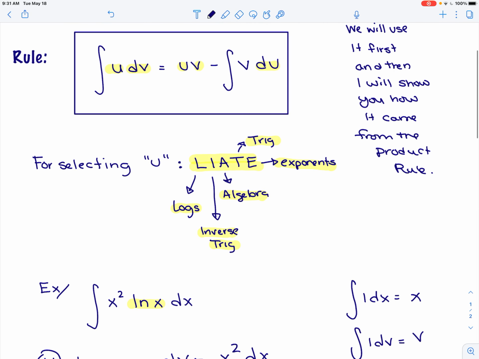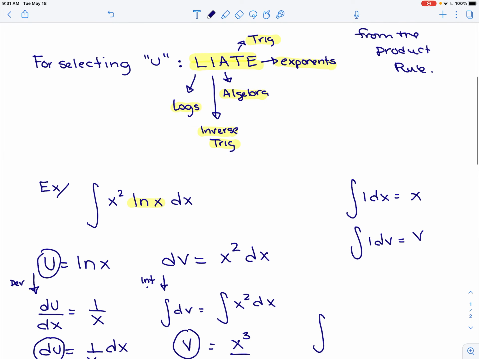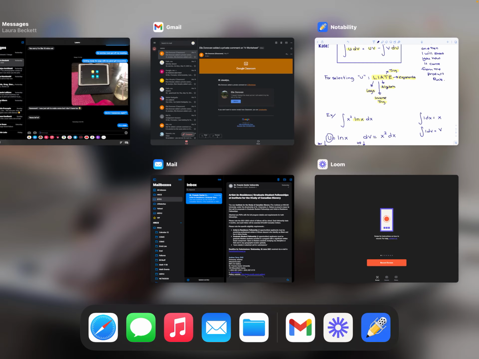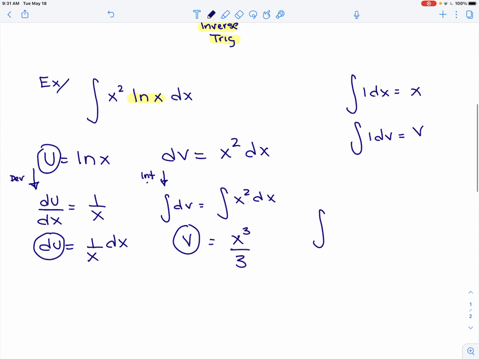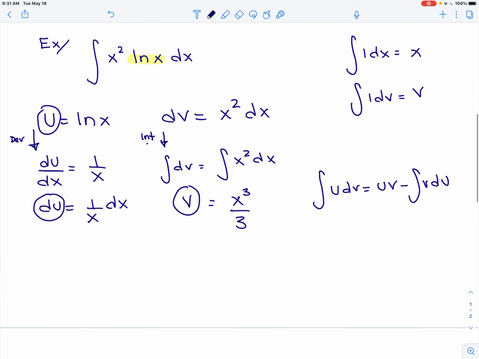Now I have my u, v, and du. I'm just going to write the rule down here. We have the integral of u dv equals uv minus the integral of v du. Now we're just going to fill those parts in.